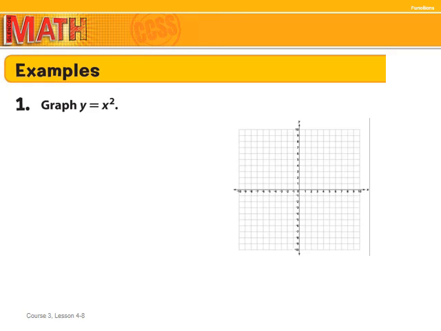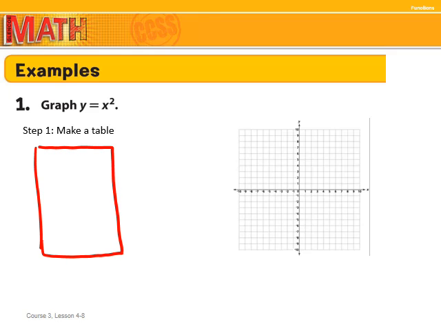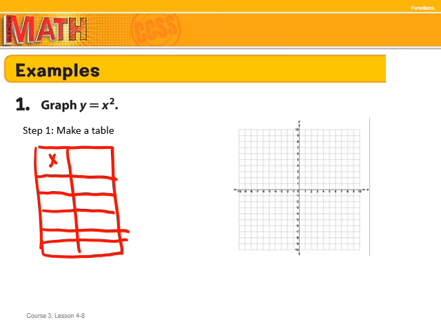Example number 1, graph y equals x squared. The first thing we want to do here is make a table. Because this is squared, I'm going to use 5 different values. So I'm going to have my input x, my output y.